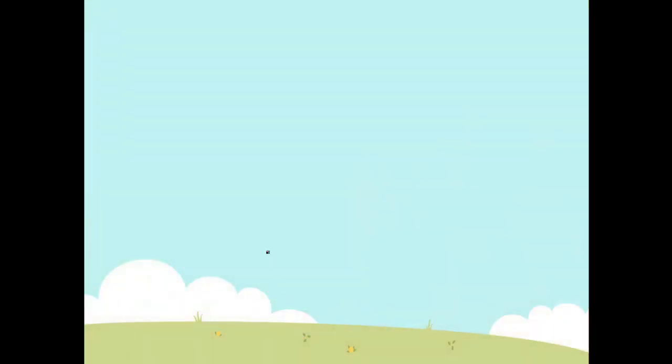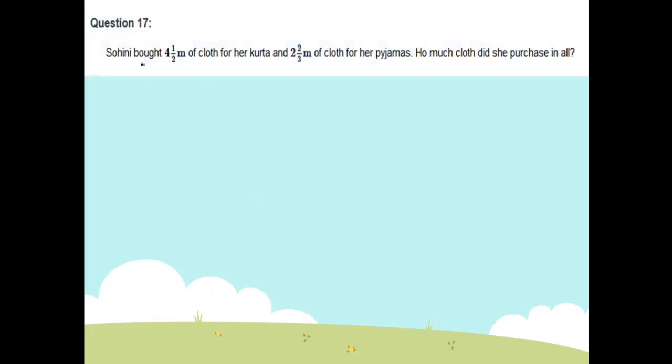All this concept is based on your previous class, beta. I thought you all understood and are very familiar with these questions. Sohini bought 4 1 upon 2 meter of cloth for her kurta and 2 by 3 meter of cloth for her pajama.